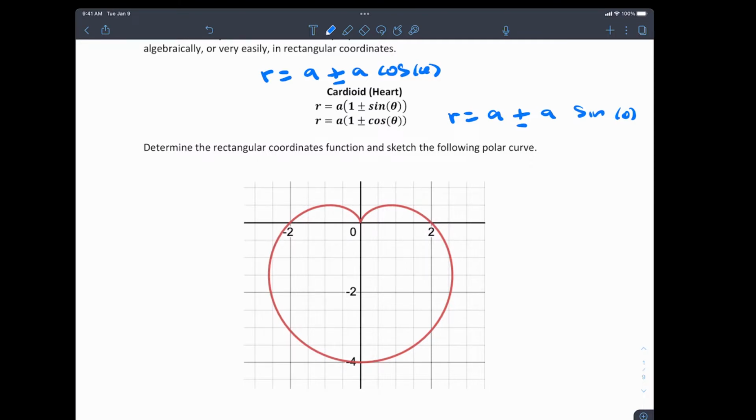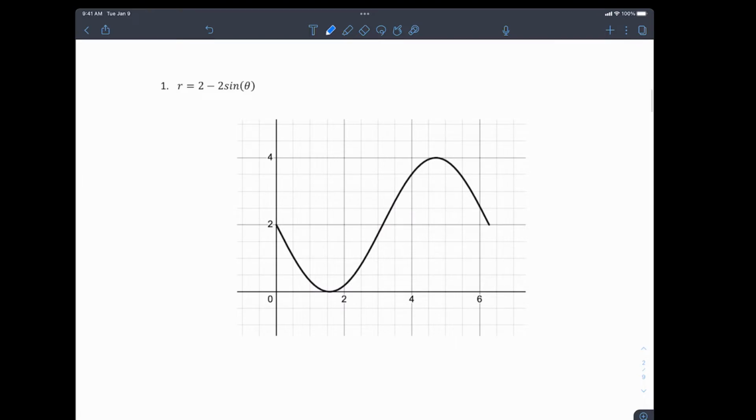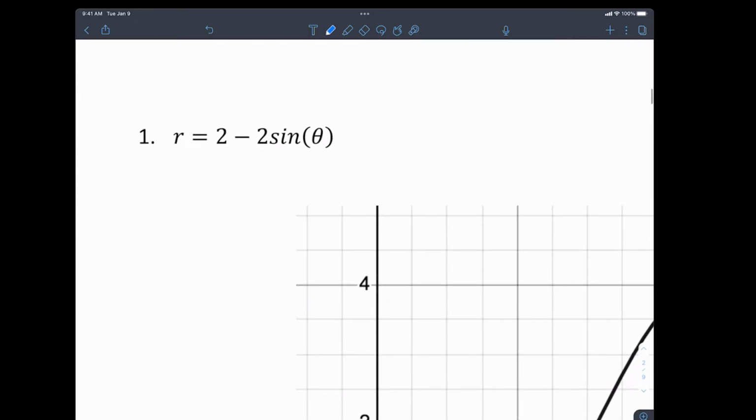So you might say, okay, how do I know this is a cardioid? Very simple. This number and this number have to be the same. And then you see a sine theta or a cosine theta. That's it. But how they open, it's either open up, open down, open right, open left. There's 4 types because there's 2 for sine, 2 for cosine, that plus or minus.